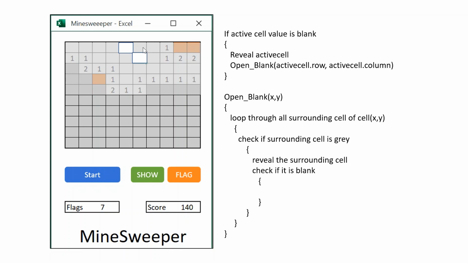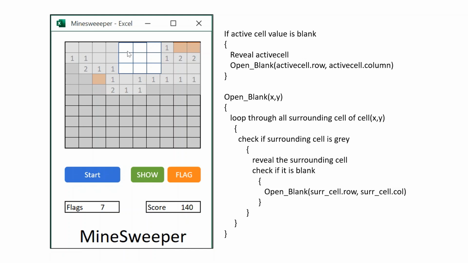We will check if it is blank. If it is blank, we will call the recursive function with the surrounding cell coordinates. This will happen for each of the surrounding cells, and it will follow the same procedure. For this cell, it will check all its surrounding cells. It will check if the surrounding cell is gray.